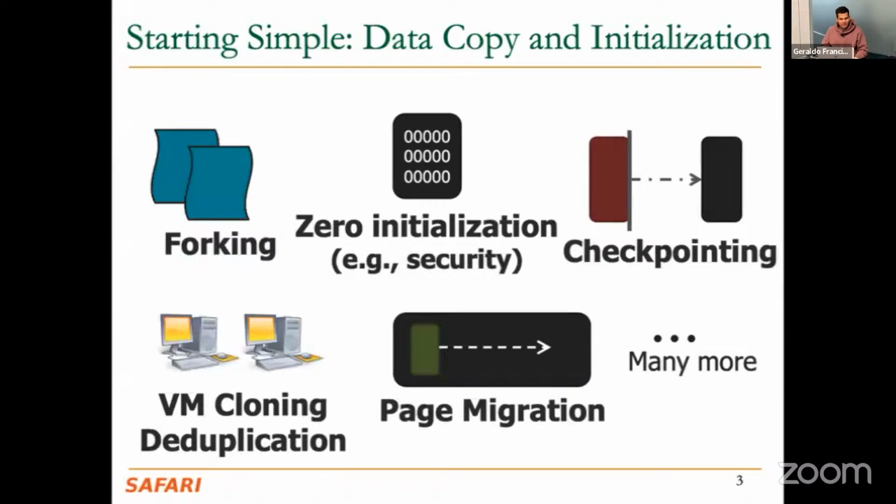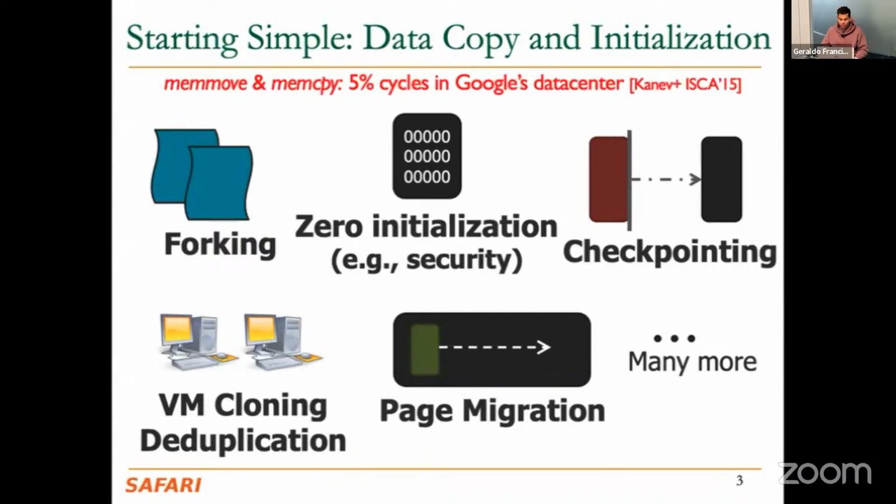Data copy and data initialization is important in many different applications, like forking in operating systems, or page migration, or checkpointing, or zeroing, or virtual memory cloning. And there is this study from Google, from a paper in 2015, that shows that aggregate across all of the Google data centers, 5% of the execution cycles are expended on data copy and data initialization, so move and memcpy instructions.